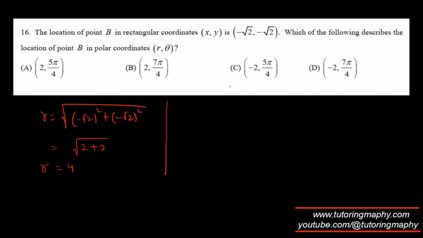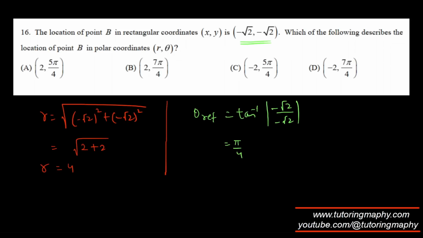We need to figure out what is the angle now. So angle, the reference angle by the way, is tan inverse absolute value negative root 2 over negative root 2. Negative root 2 over negative root 2 is 1. Tan inverse 1 is pi over 4. Clearly, this is negative negative, so it's in quadrant 3.